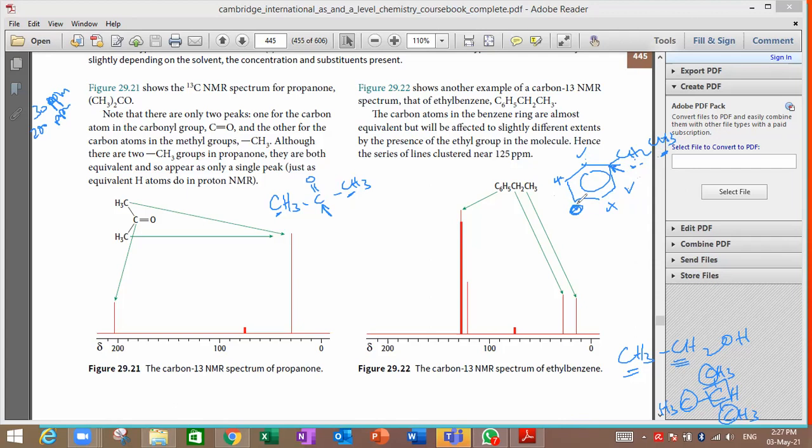So 6. It said that the carbon atoms in the benzene ring are almost equivalent, but will be affected to slightly different extents. You see here, this is not only 1 peak.